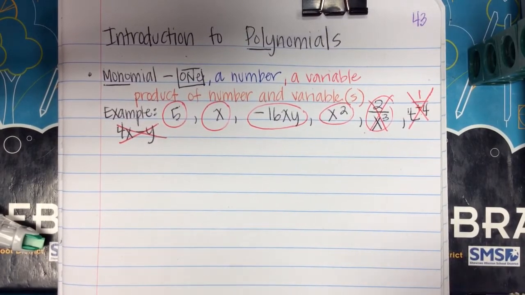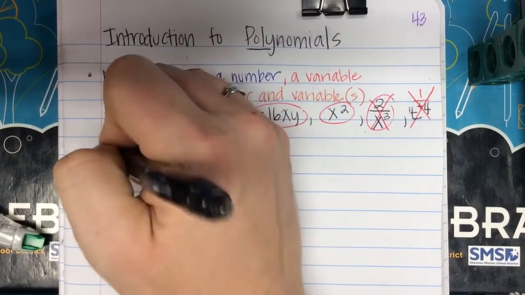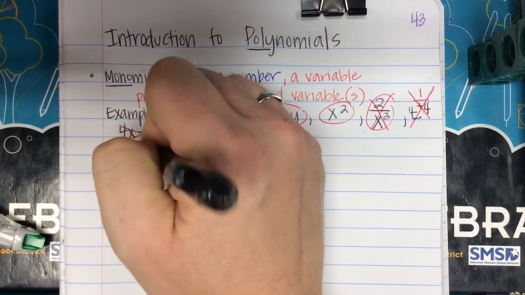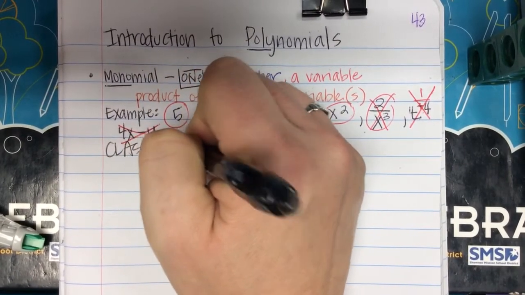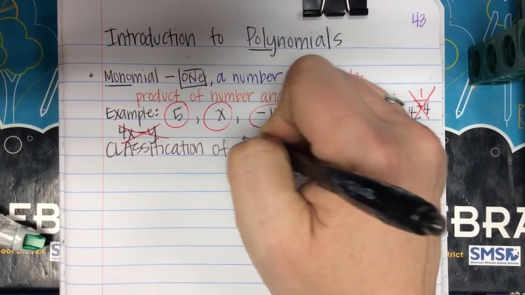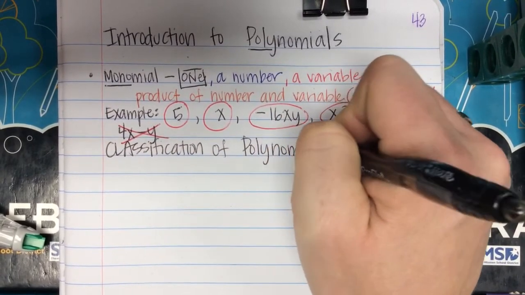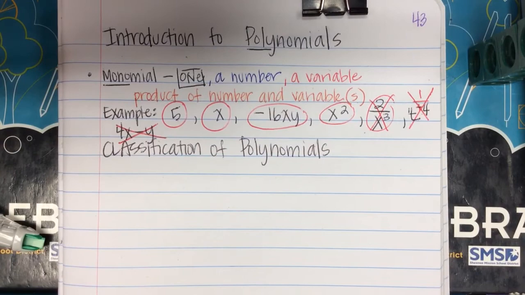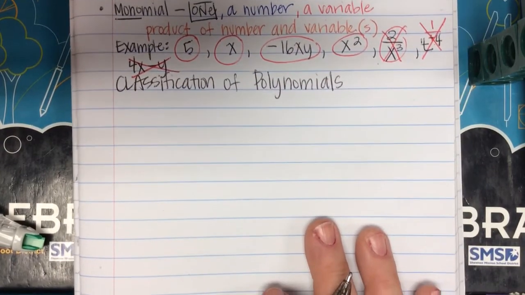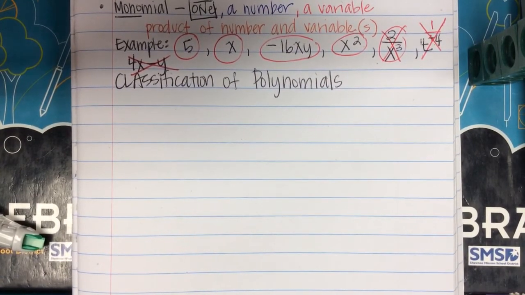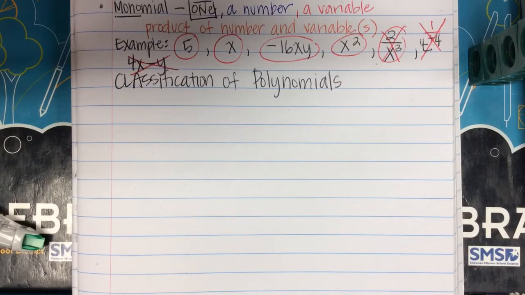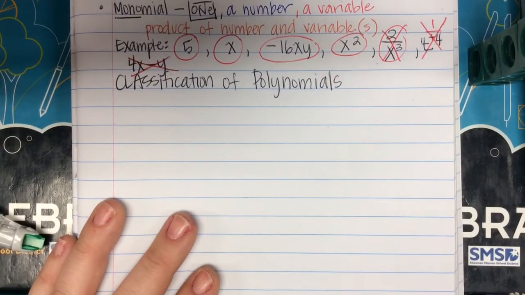So classification. Classification of polynomials. There are two types of classification we're going to focus on. We're going to focus on the term and the degree. So let's start with degrees.